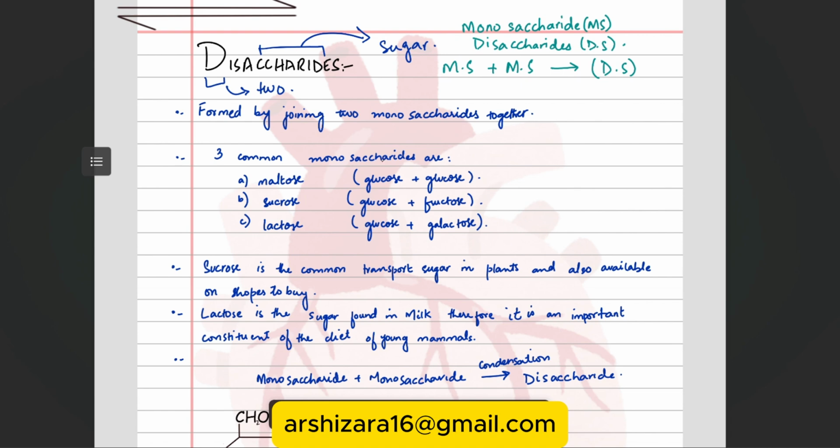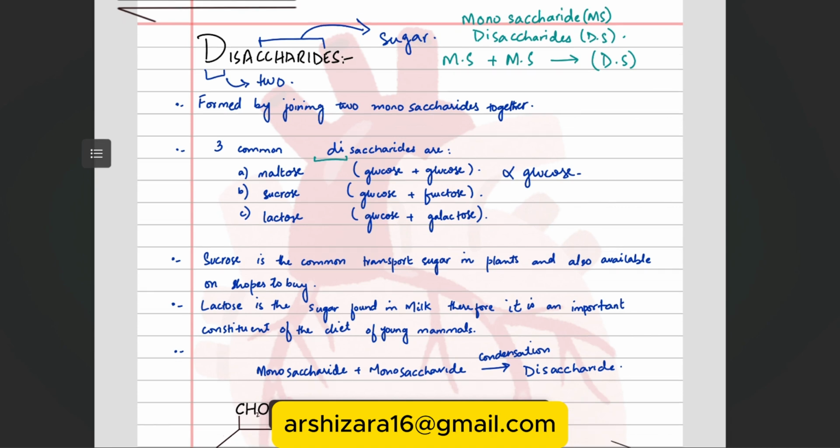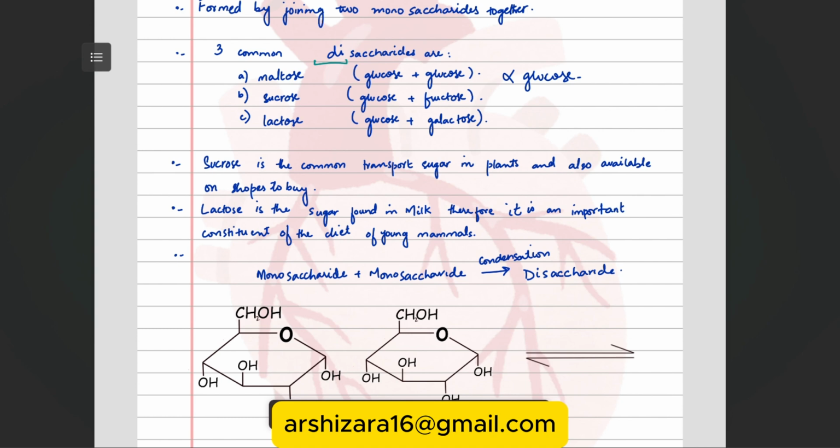The disaccharides are maltose, which is formed by glucose plus glucose, and when it's only glucose, that means it is alpha glucose. Sucrose is made up of glucose plus fructose. Lactose is made up of glucose plus galactose. So these are the common disaccharides.